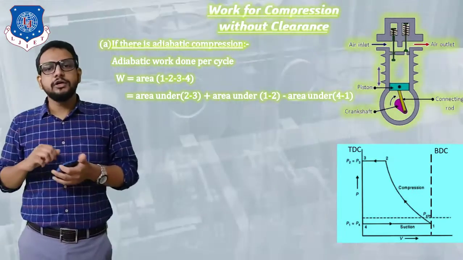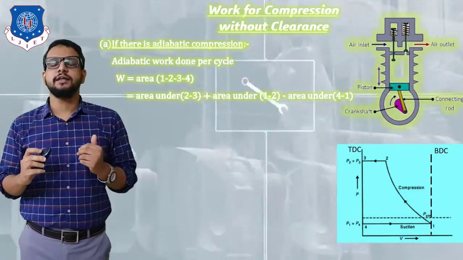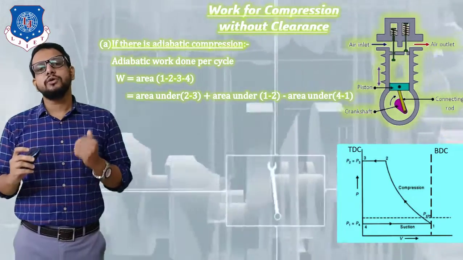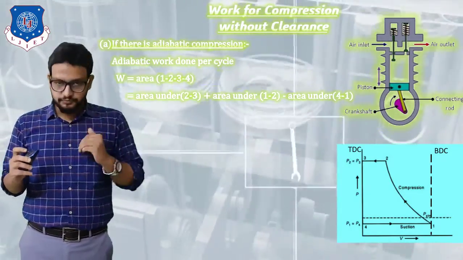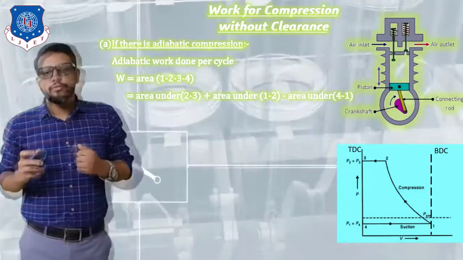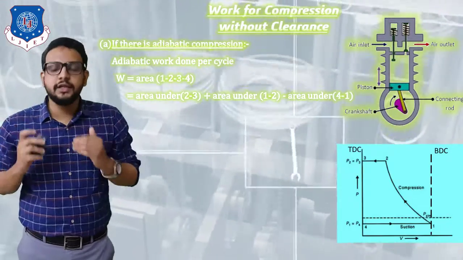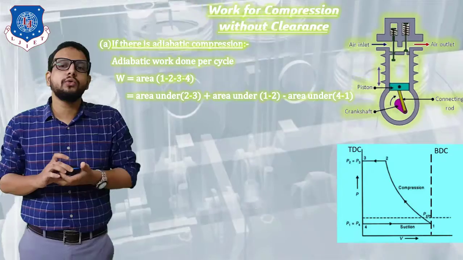So let's find out. For adiabatic work done per cycle, that is capital W, it is equal to area 1, 2, 3, 4. Right, that is the area which is covered representing work input. Now splitting this area in the following terms, as I have shown: area under 2 to 3.